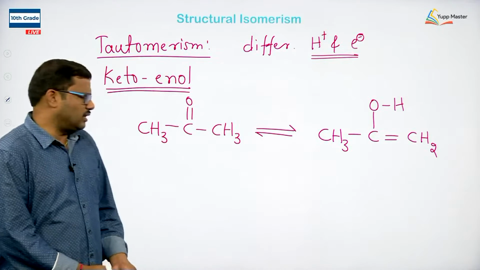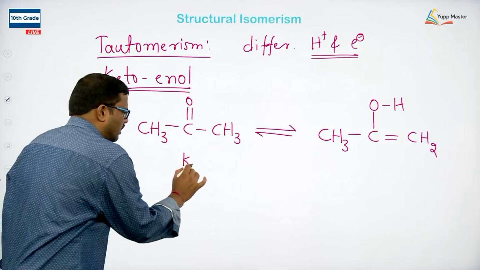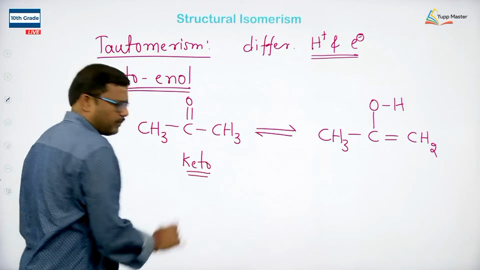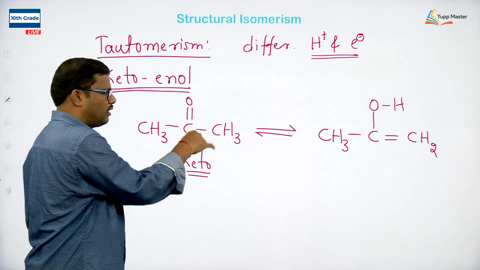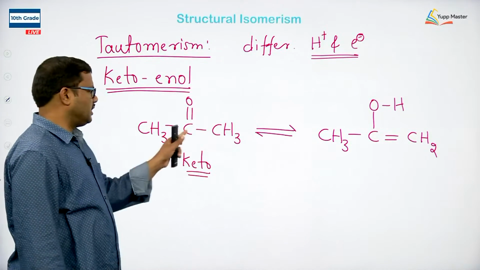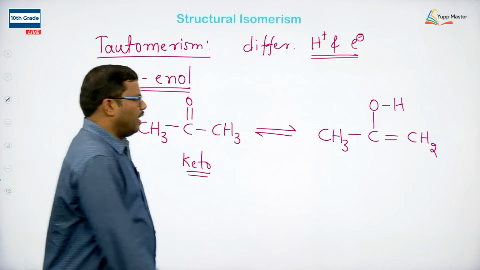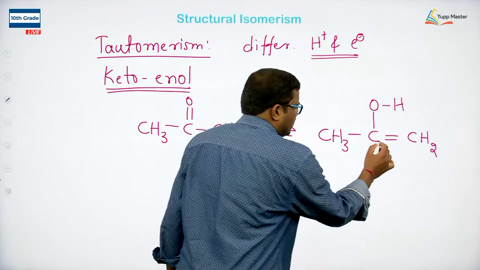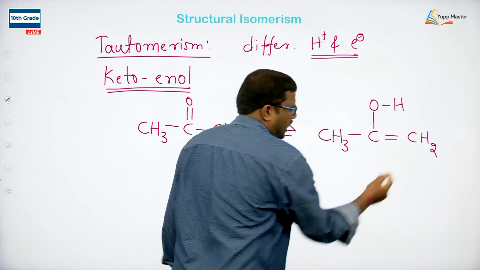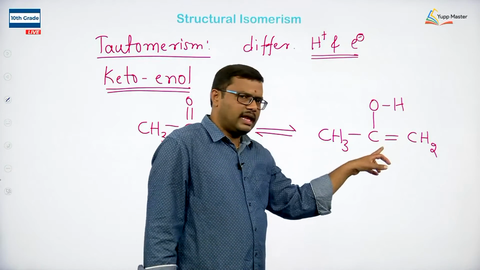In the original we have a keto group, so it is called the keto isomer. C double bond O is taken as keto, R-CO-R. In this case we have CH3 C double bond CH2, here we have a double bond, therefore it is taken as ene.